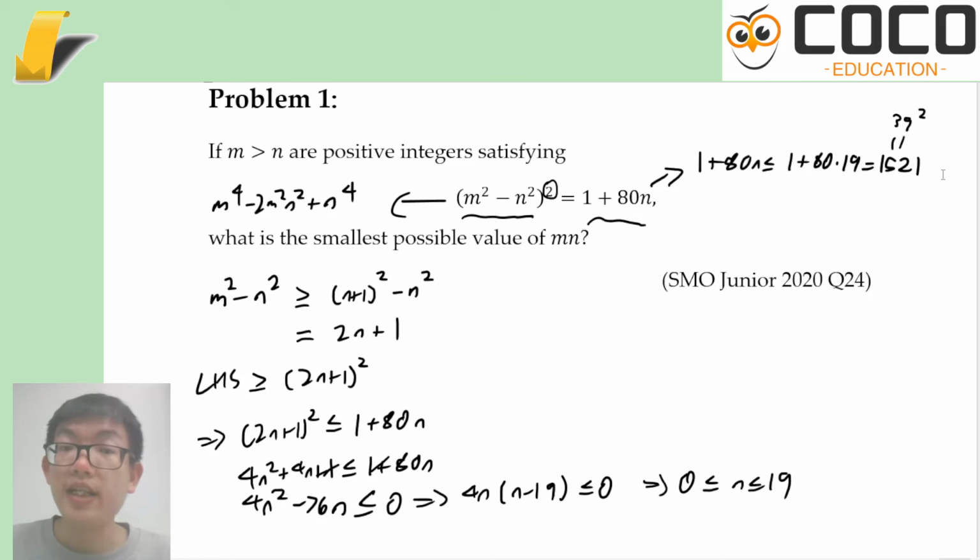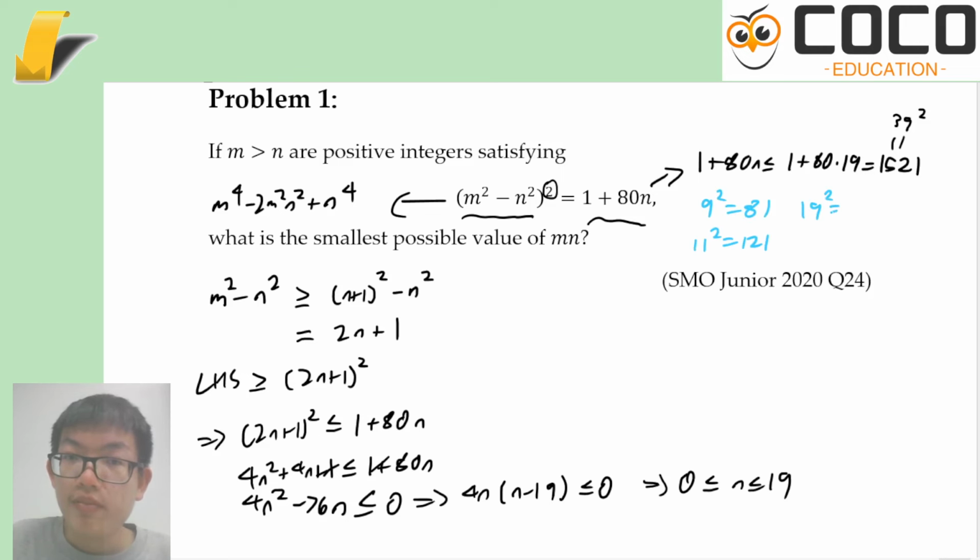Now to check that, the last digit of this has to be 1, so the possible squares up to 1521, I just check them.